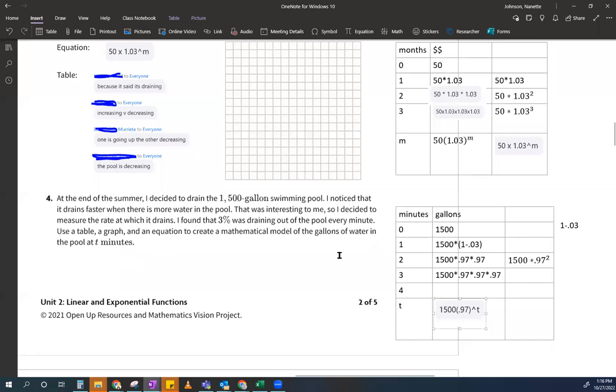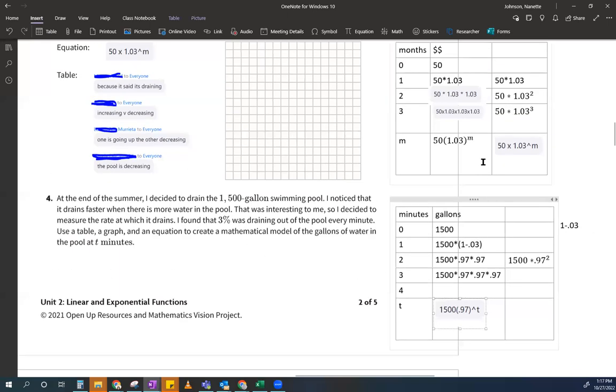And you should all say, wait, where did this 0.97 come from? Yeah, it came from one take away 0.03.